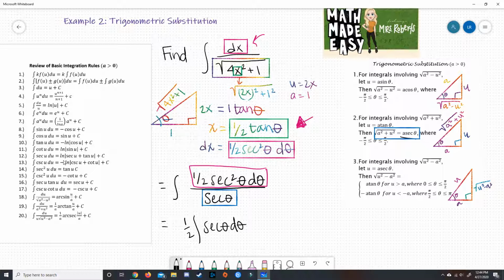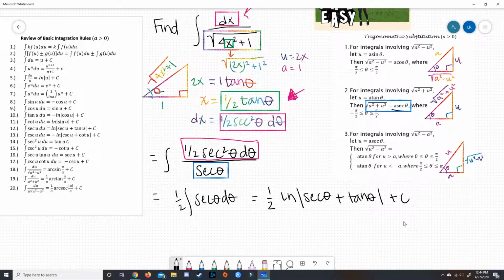The integral of secant of theta, keep that 1/2, is going to be ln of secant of theta, I guess, here. Let's not put a u there because that could be really confusing. We have a theta here, so it should be a theta here. Plus tangent of theta plus c.